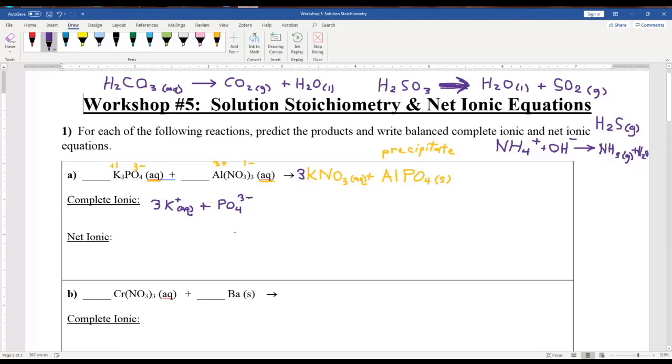The reason is because phosphate is actually a covalent compound that has a charge. So phosphate actually looks kind of like this. It has shared pairs. You're going to understand more about this when you do Lewis structures later on. This is the Lewis structure for phosphate, and these are chemical covalent bonds, and covalent bonds tend to be stronger than ionic bonds.